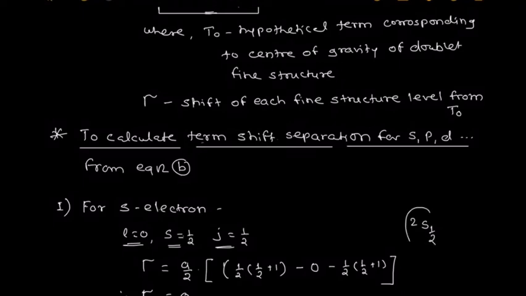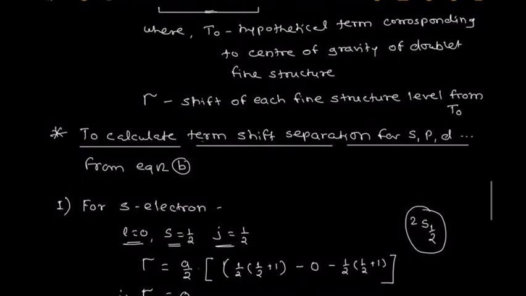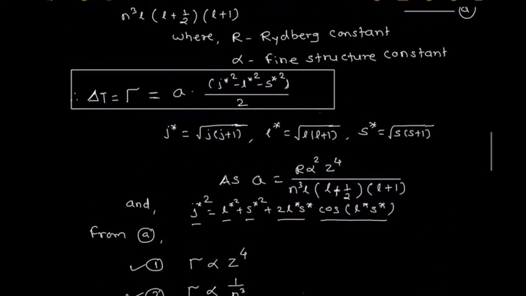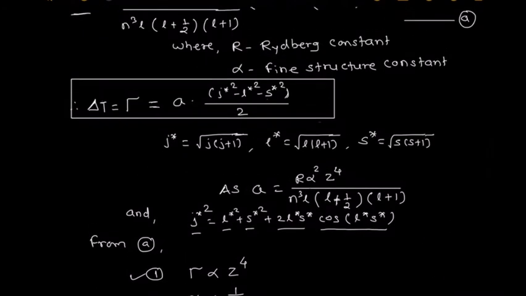Actually it is a singlet term, but we write the multiplicity of that state. Actually the multiplicity for the S state is not possible by considering the spin orbit interaction, but we write doublet S half since there is only one state. Now how we get only one state, we explain here. The tau term we have to calculate: tau is equal to A into J star square minus L star square minus S star square divided by 2.